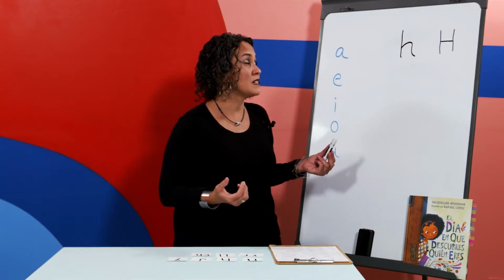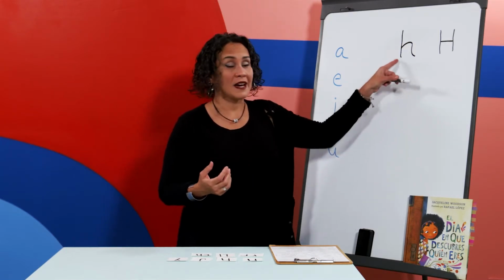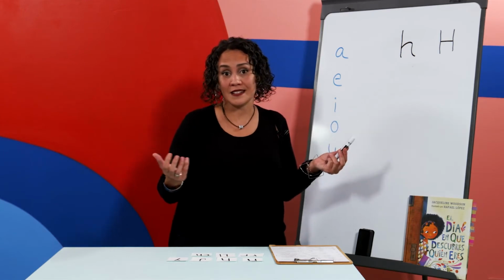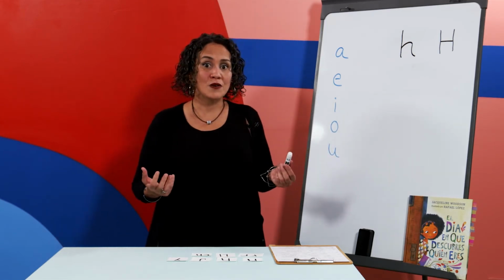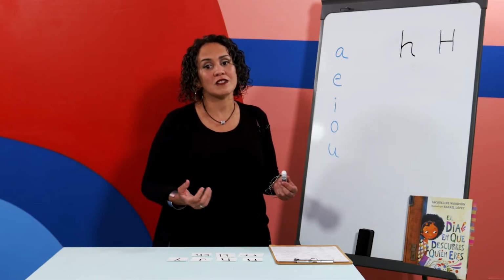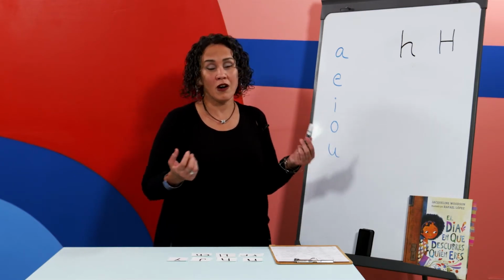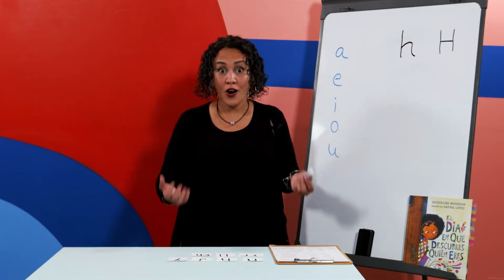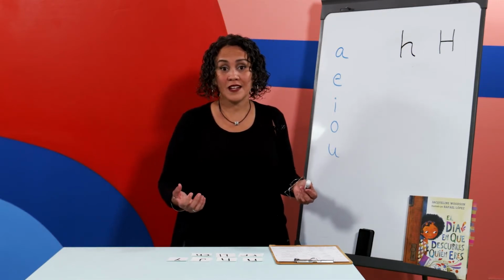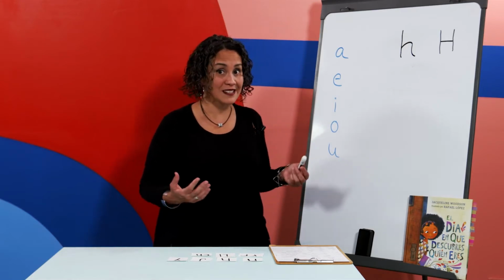So when you see a word with that letter, you're just going to pretend that it doesn't exist, okay? And you already know this because there are some words in English that are just like that, like the word honor, like the word hour, or honest. They all start with H, but you don't pronounce it. So it's kind of the same thing.